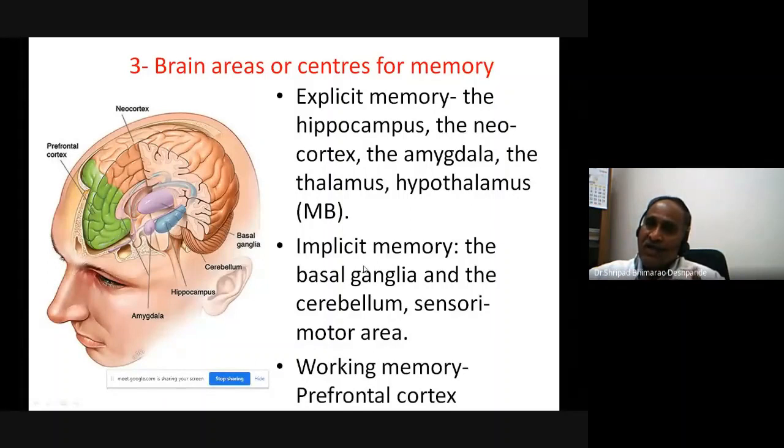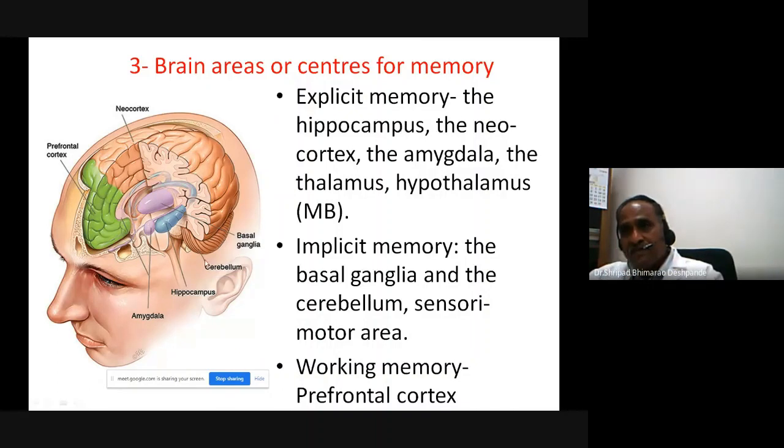Every now and then you get a number of pieces of information, you have to filter them and discard certain information. So working memory is only for a short period of time, and it is processed in the prefrontal cortex. These are the areas of the brain.